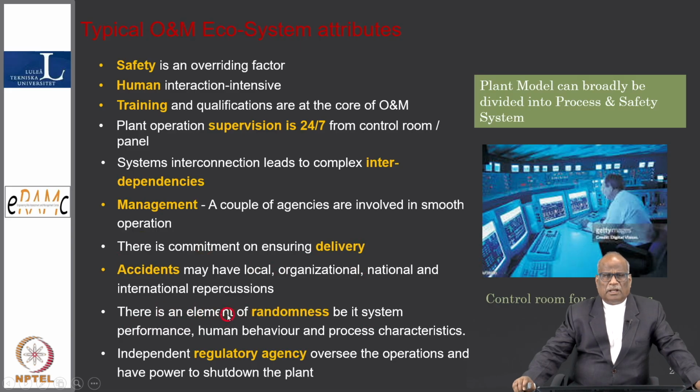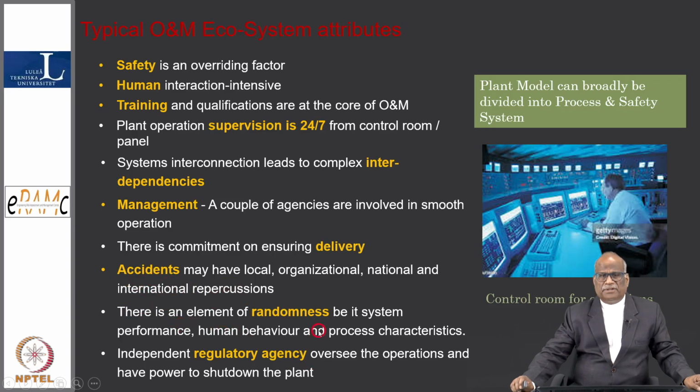And the probability of accidents should be low because they have local consequences, organizational consequences, and national and international repercussions. So accidents should be a rare thing, and that is why there is an operation-conscious, risk-conscious system, so that this situation, especially serious accidents, should not be seen in the life of the plant.